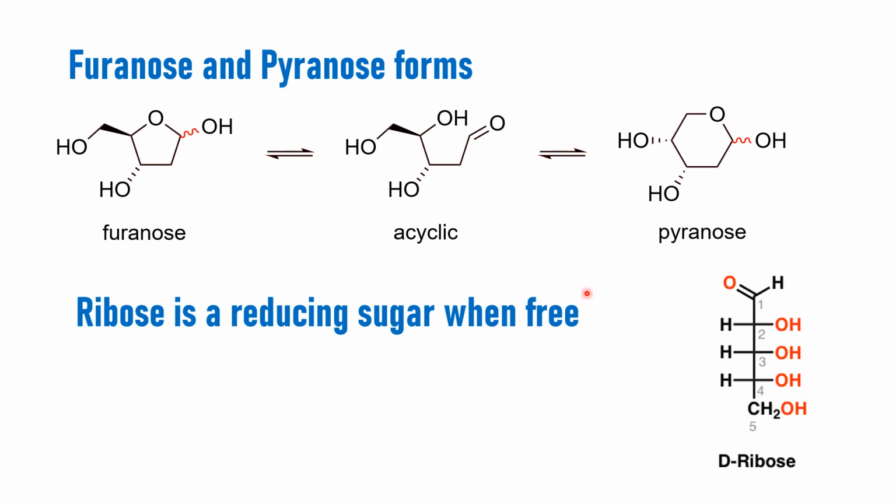So when free is a very important thing. When this portion is reacted upon, then this ring system will not open. So there it is a non-reducing sugar, whereas when it is present as D-ribose without any reaction changing its structure, then it is a reducing sugar.